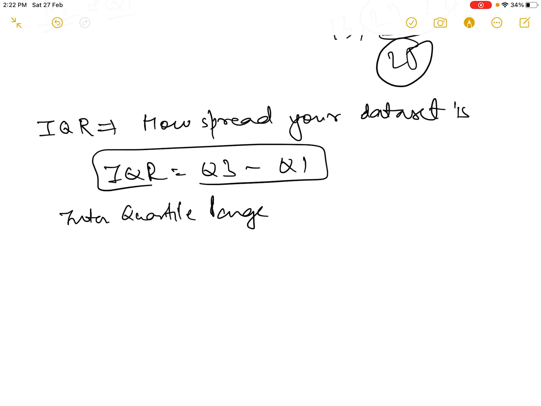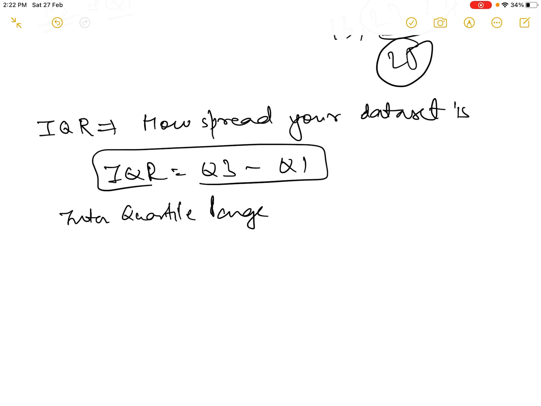Now, for detecting outliers, an outlier means something that is too far away from the majority of your data points. How do we do that? For that you have to define a limit, and this limit is decided not based on any important concept. It is decided by experience and by using normal distribution.